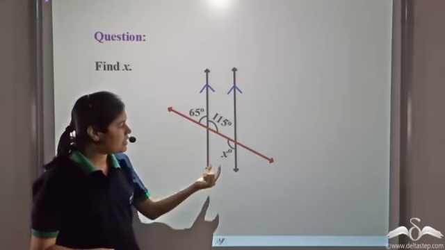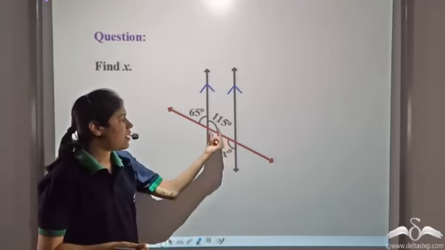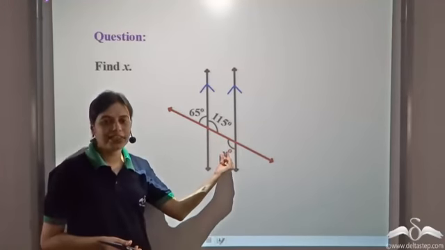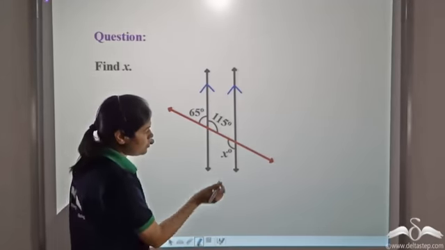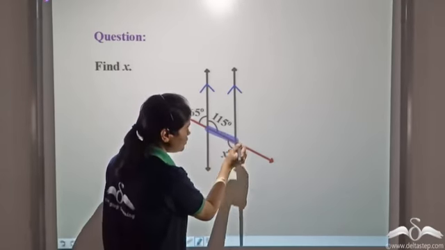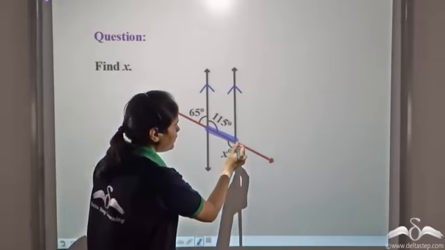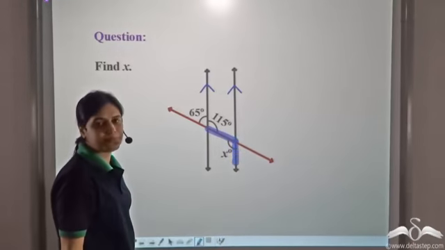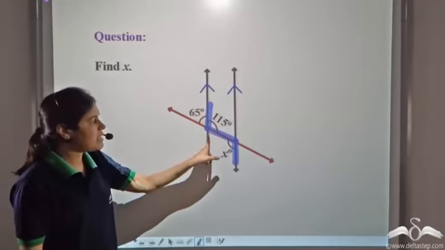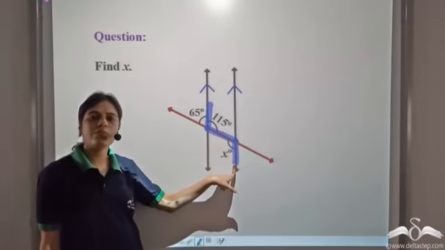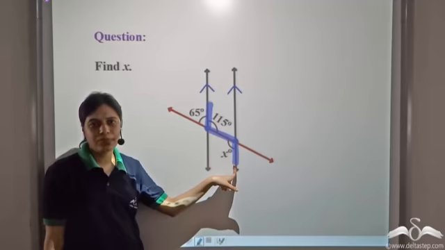Now let us see if we can find a pattern including X and one of these angles. So we draw a line on the transversal. We need to contain X and we draw a line here. We see a pattern of the form of Z is formed.